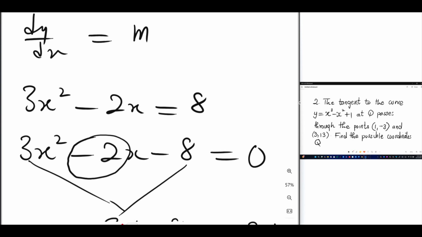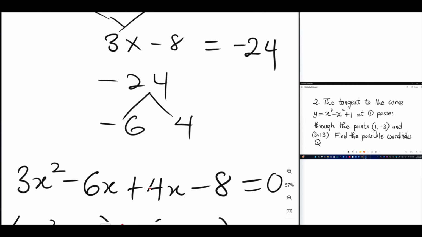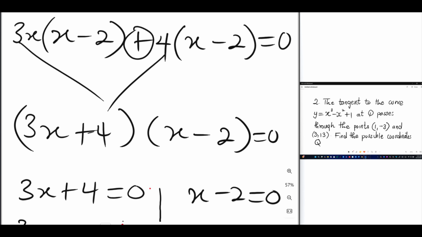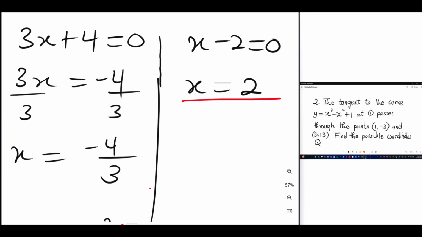So the gradient of the curve, which is 3x squared minus 2x, must be equal to the gradient of the tangent at the given point, the point Q. Now we work on this equation and we had the values of x at that particular point to be positive 2 and negative 4 over 3.